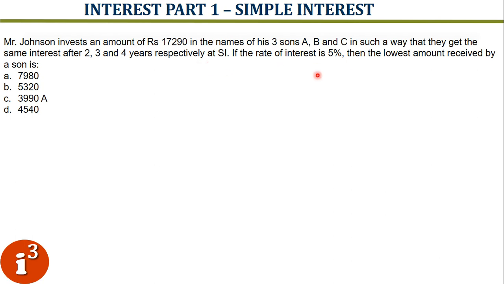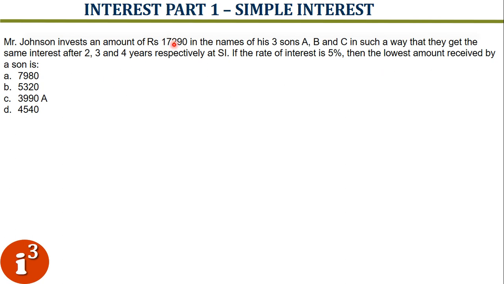If the rate of interest is 5%, the rate of interest is also the same for the three sons. This rate of interest can also be different, no issue, but in this case, it is the same for all three sons. Then the lowest amount received by a son is? So what is the lowest amount received by a son?